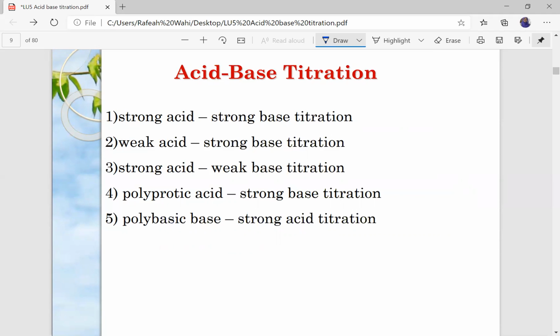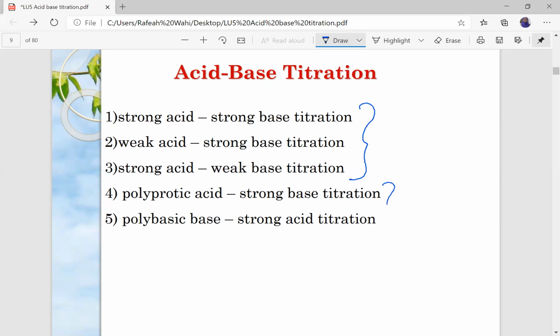All the calculations for each titration type are different, but in this learning unit, we are going to go into details on the calculation for 1, 2, and 3, which is titration between strong acid and strong base, titration between weak acid and strong base, and titration between strong acid and weak base.